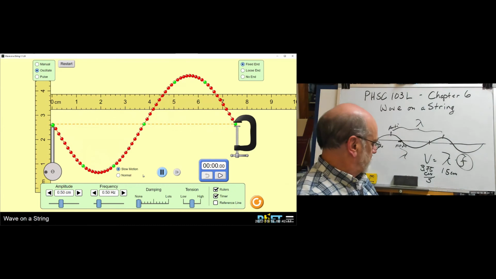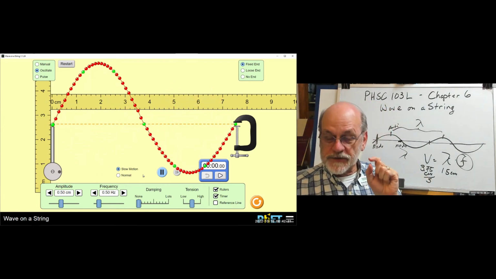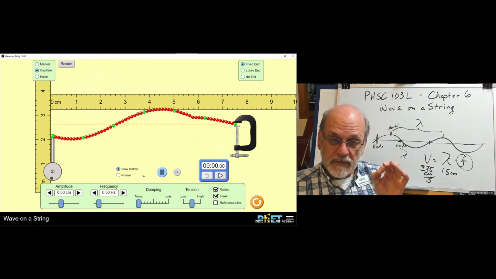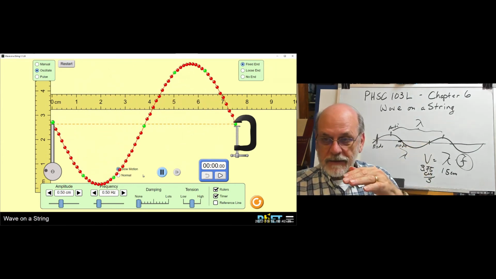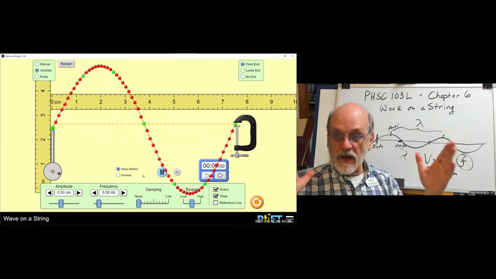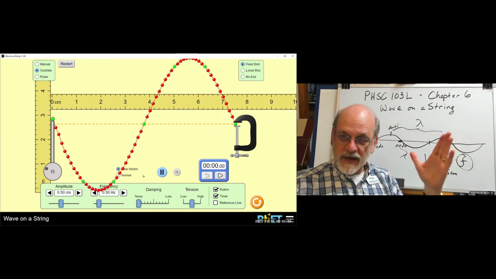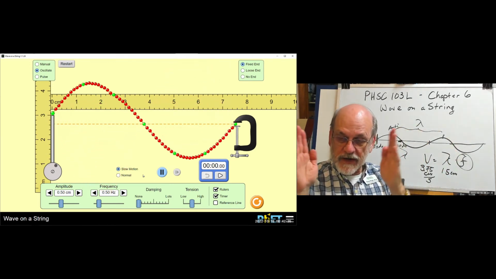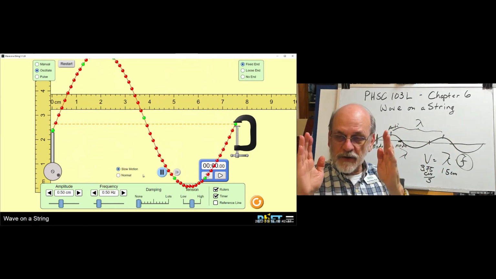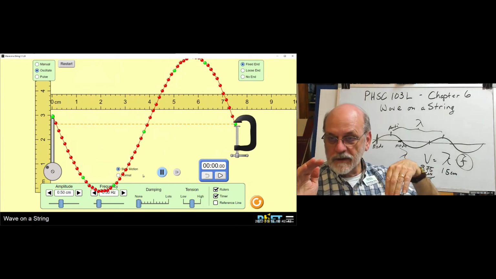Here's a proposition. If you have that pulse that we had in experiment 1, and you send the pulse down the line, it's going to go down if the string is long enough and bounce back. Well, if you make the length of the string short enough, then the pulse is just going to have time to go up once, bounce, and come back down.